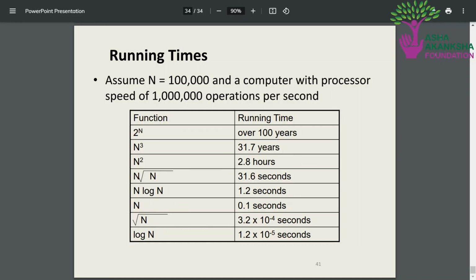So you cannot even see the end of this algorithm. For n cube, it is 31.7 years.